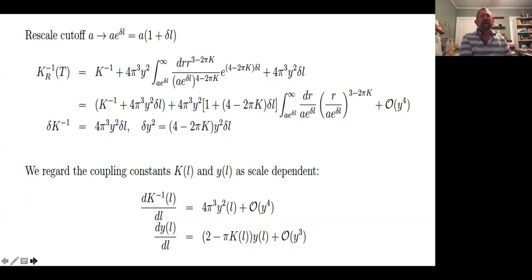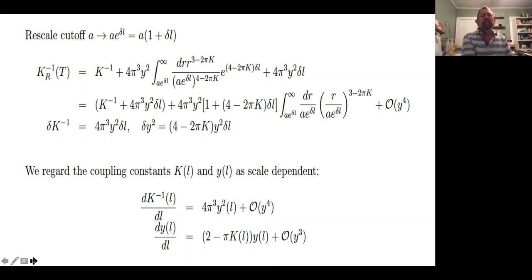And so the idea is that this is expressed in terms of vortex, anti-vortex fluctuations over all length scales from a to infinity. a is the core size of a vortex, and so a is the smallest possible length scale in the system.